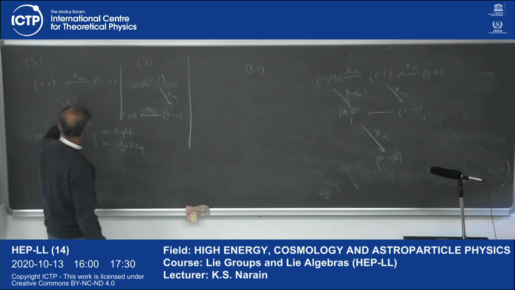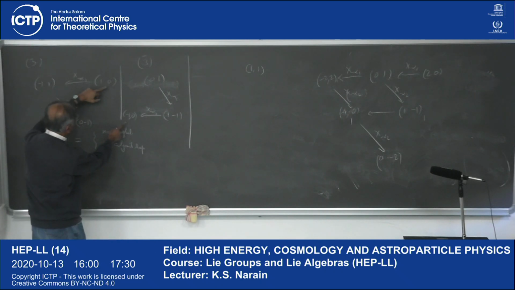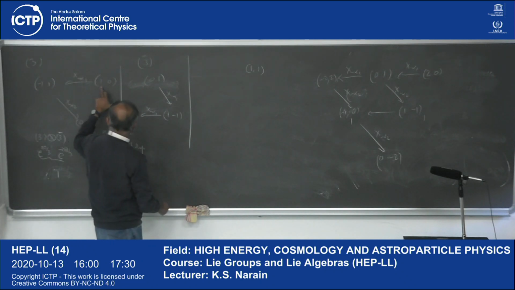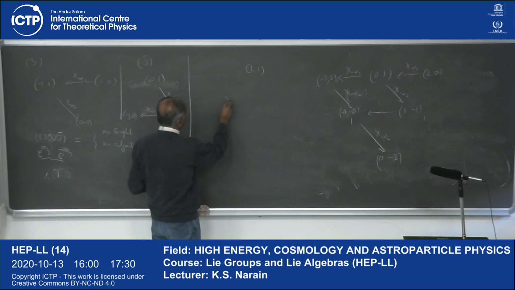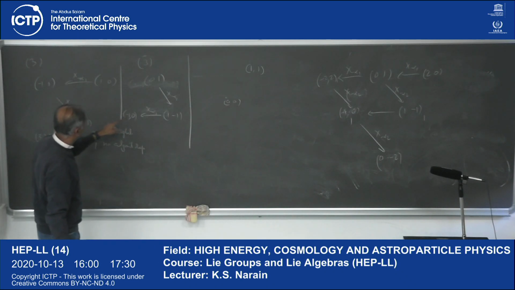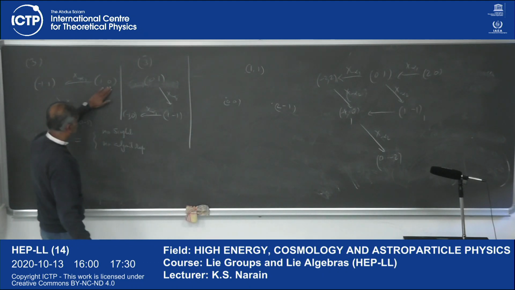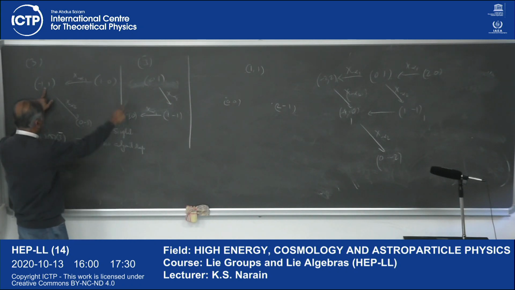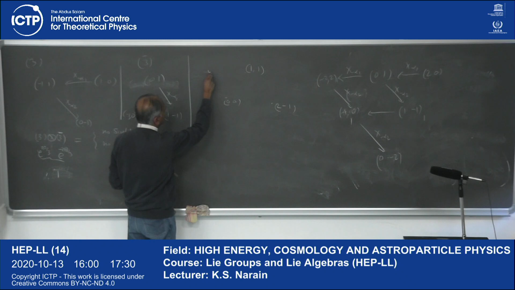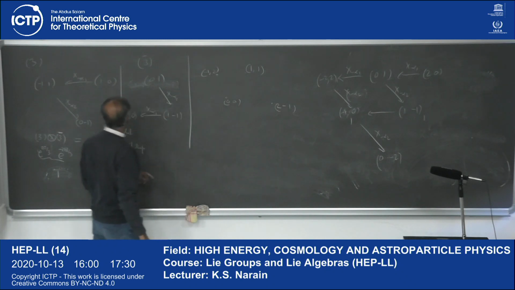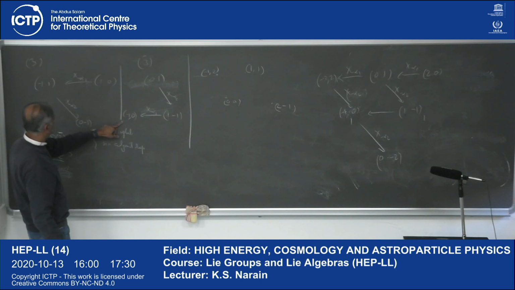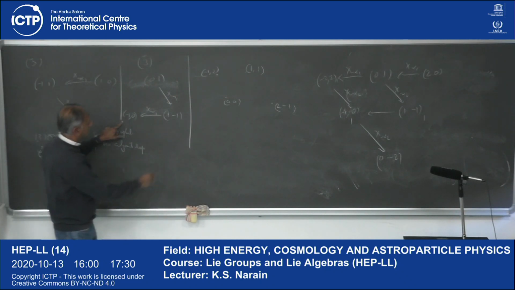And now, let's see. So this with that and that with that. This with that gives you 0, 0. This with that gives you 0, 0. And this with that gives you 2, minus 1. Okay, I've covered that. Now look at this one here. Minus 1 with that gives you minus 1, 2. Then this with that gives you minus 2, 1.